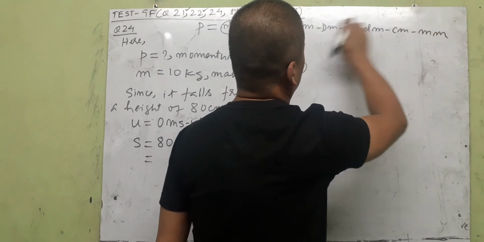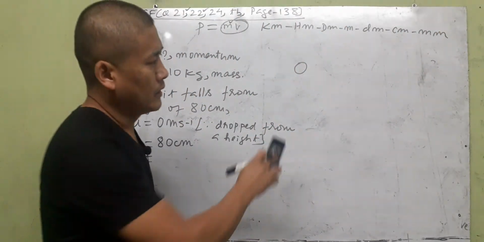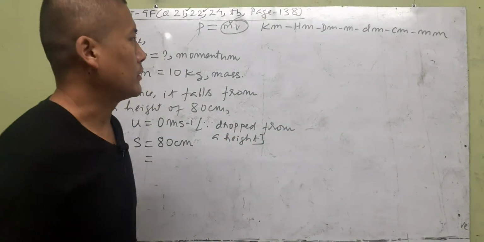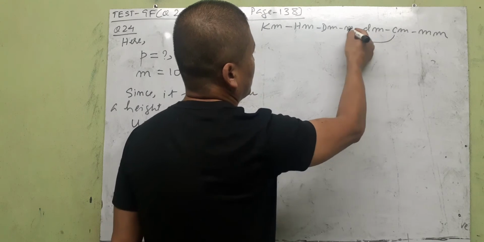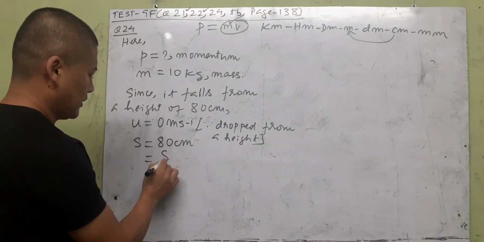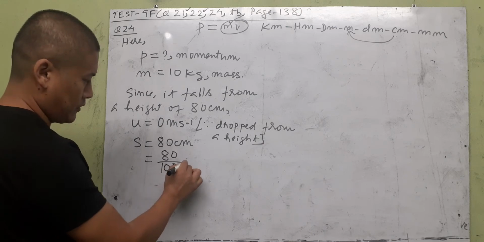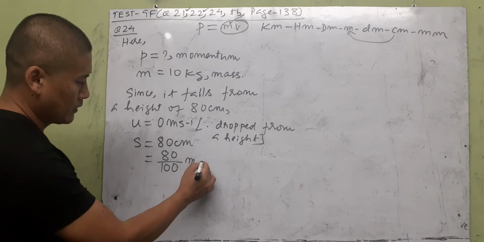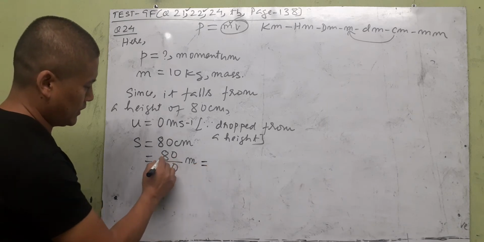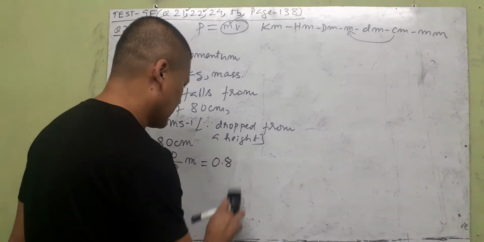We need to be thorough with these conversion factors, because this is going to be needed in many places. So here we need centimeter to meter, because meter is the SI unit. So 2 places left, small to big, so 80 is divided by 100, and centimeter disappears, meter comes in. So that will be 0.80. We need not write this 0.